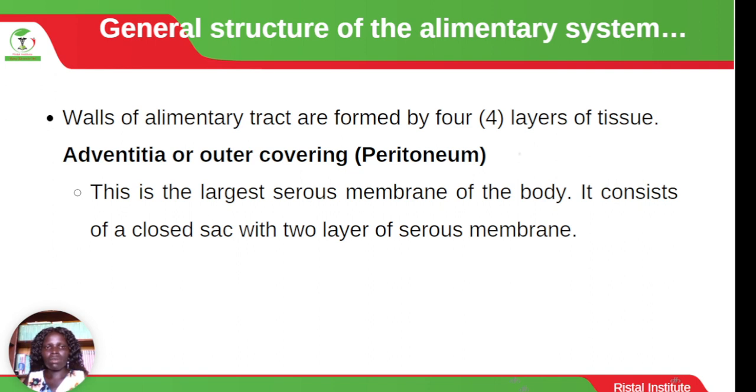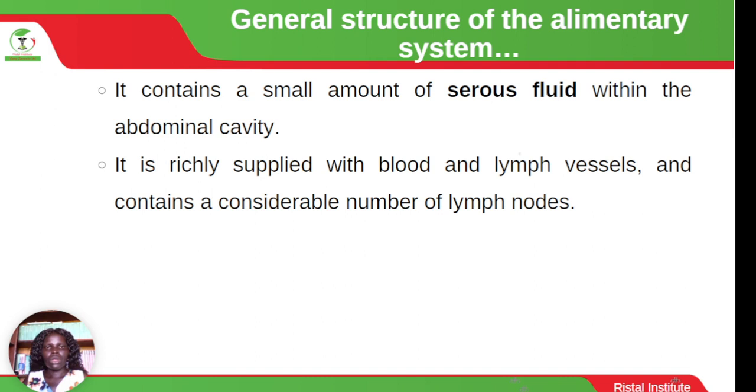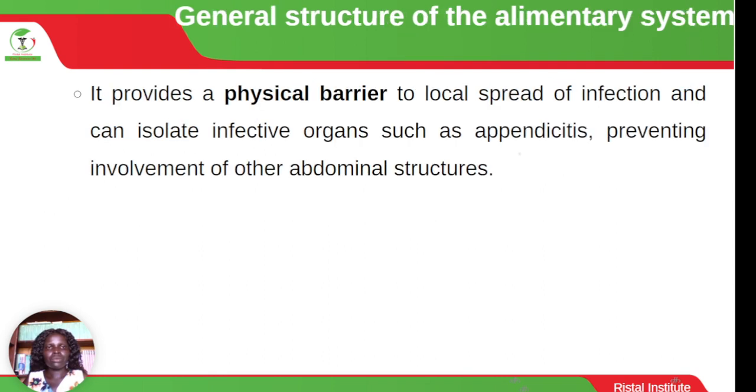It consists of a closed sac with two layers of serous membrane. It contains a small amount of serous fluid within the abdominal cavity. It is richly supplied with blood and lymph vessels and contains a considerable number of lymph nodes.